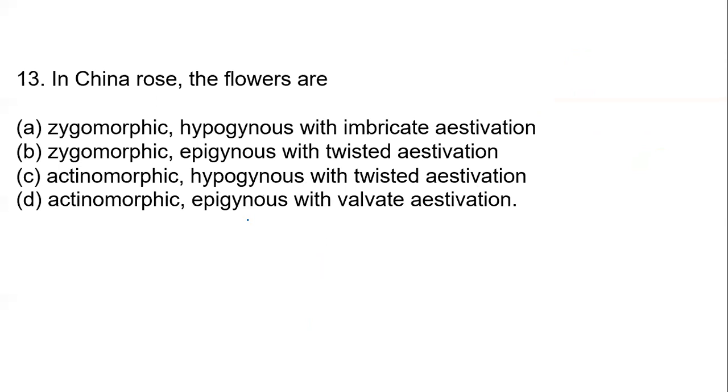In China rose, the flowers are. When I discussed the rank booster of morphology also, I posted the same question because this is a very important question. In China rose, that is hibiscus, you know that the flowers are hypogynous in condition. And you also know that in China rose, the flowers show twisted aestivation.